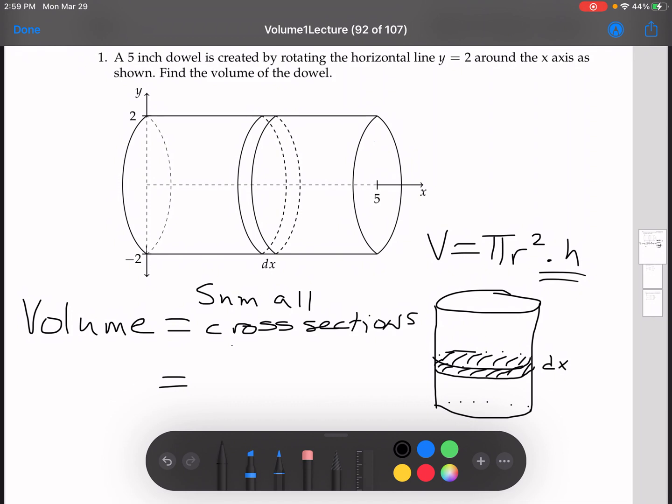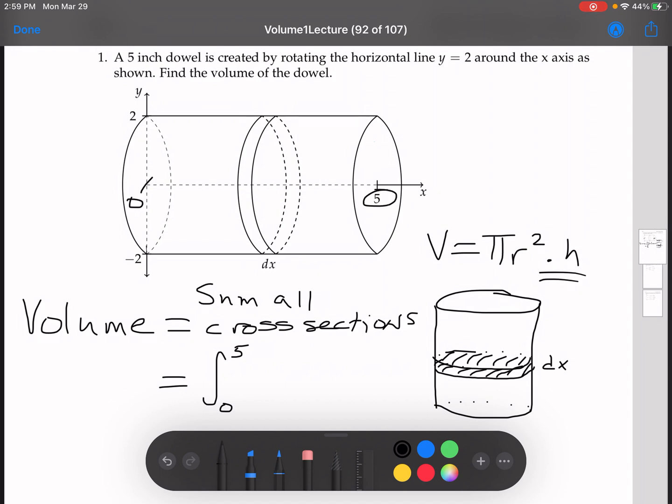Now we're going to sum them all up, and even this funny symbol is really an elongated s for sum. Somehow, no pun intended, over the years, this thing became this elongated s for sum. We're adding up all these cross sections from 0 to 5.